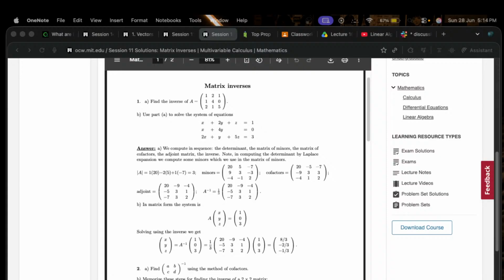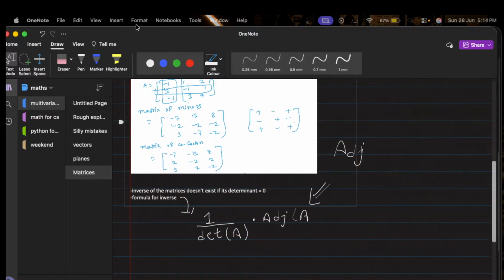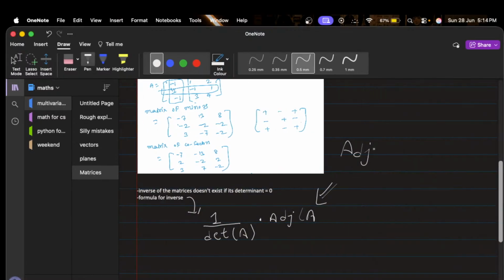And we can find the adjoint here. The adjoint is nothing but the rows and columns interchanged from the cofactor.